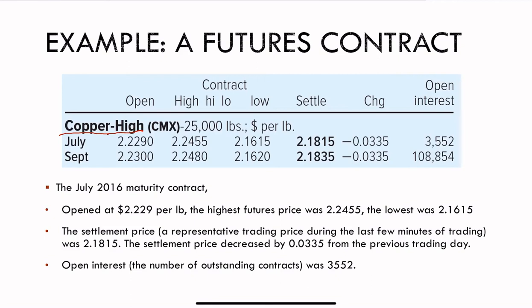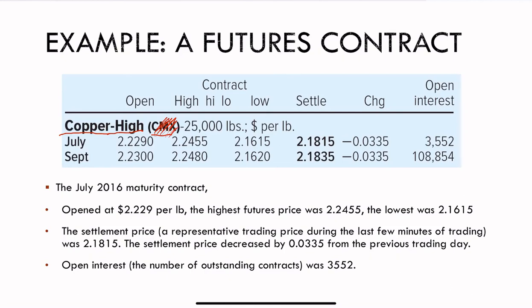CMX, I actually don't know what CMX means. Let me check. I think it's Chicago Merchandise Exchange. I could be wrong. Anyway, let's first ignore this CMX part. So this is a futures contract on copper.